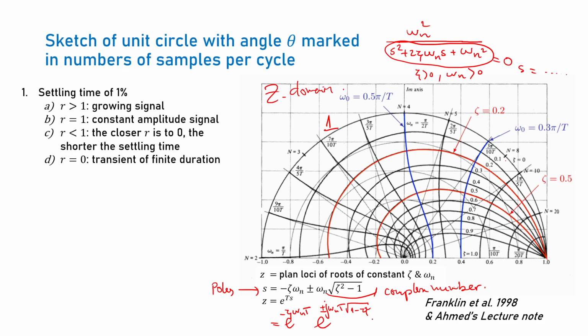So 1 minus zeta square is always positive, but this one is the inverse sign of this. The inverse sign under the square root becomes this complex.